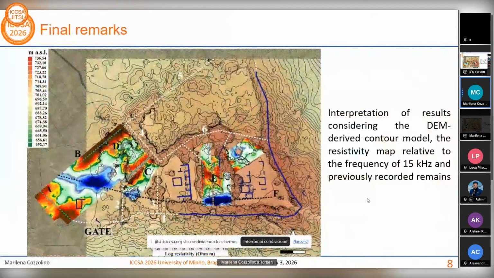Going to the interpretation of these results, here the geophysical prospection is compared to the digitalization model. In white, there are some places that we can recognize considering the digitalization model. Here, for example, near the gate, we can suppose the continuation of known walls until the anomaly A recognized by geophysical prospection.